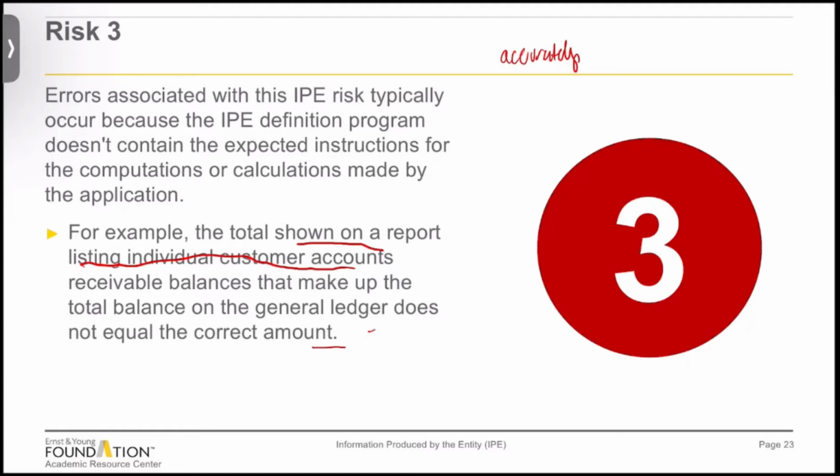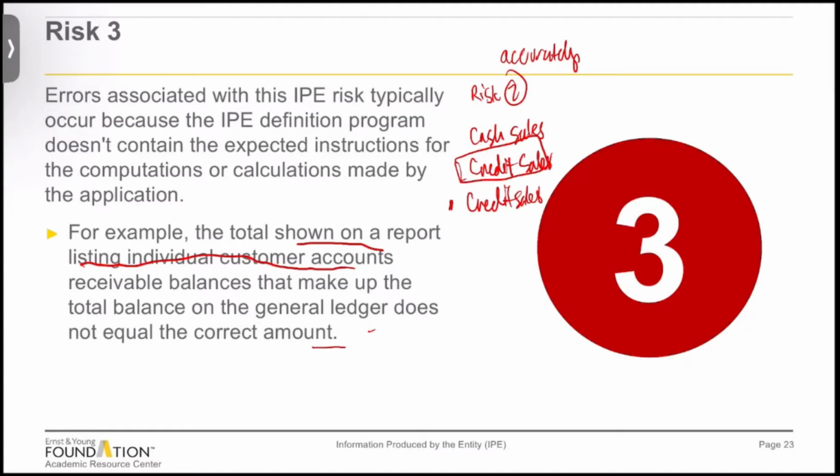Okay. So further, for example, dun sa risk 2 example natin, may cash sales, may credit sales, meron ding credit card sales. So sabi natin, credit card sales ay nandun. Pero hindi properly nakategorize yung credit sales.